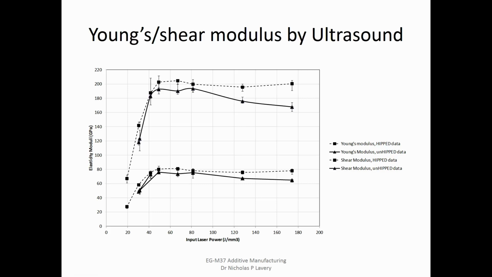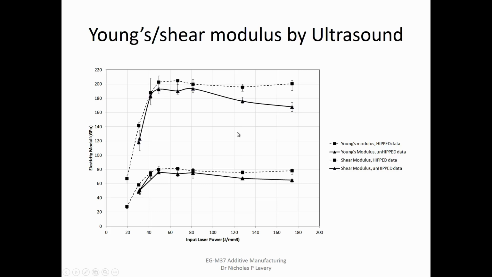These are the same samples that you've seen the porosity for. So the samples with the large amount of porosity down here with the low input laser power density, we're talking almost half the Young's modulus, partly probably because of the interference of the pores. And then as your laser energy goes up and you reduce the porosity, you get a peak point.